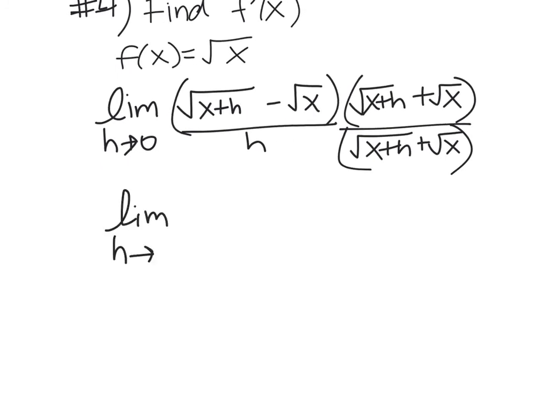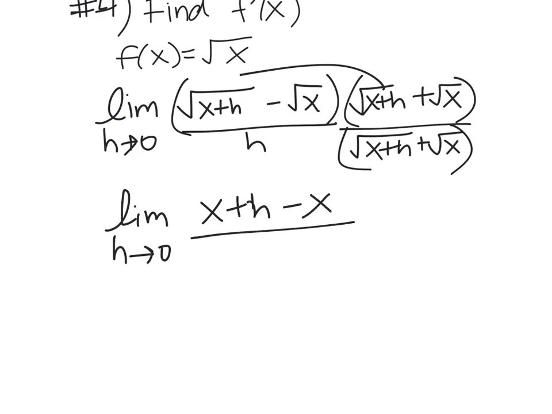Take the numerator and FOIL it out. They're conjugates, so you only have to do the outside and inside parts. So we get x plus h minus x. And then don't do anything to the bottom. When they're conjugates, you just leave the other part alone.